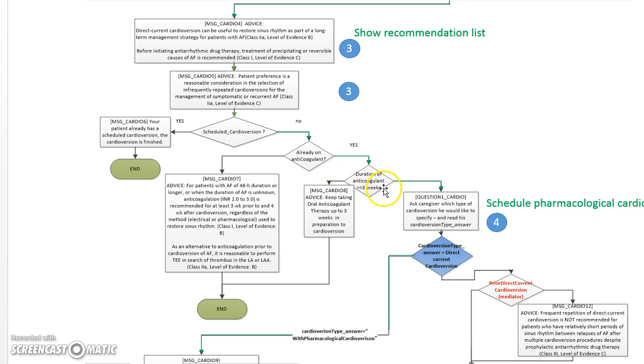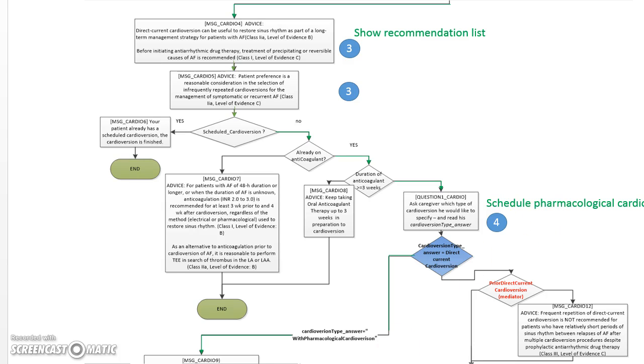And the Coumadin has been taken for more than 3 weeks. So after I will answer, I will indicate that I want to schedule cardioversion, and these will be checked. We will get some more advice about scheduling pharmacological cardioversion.